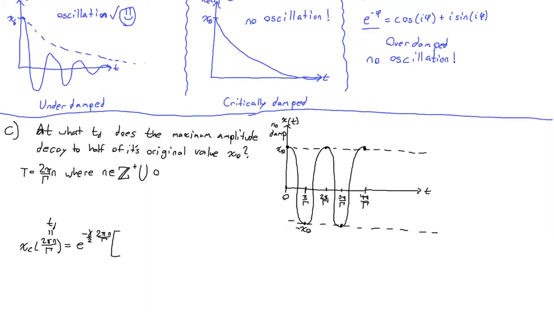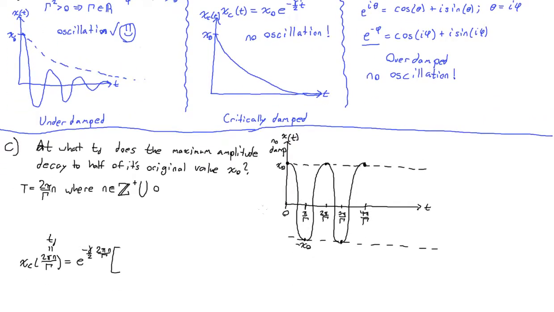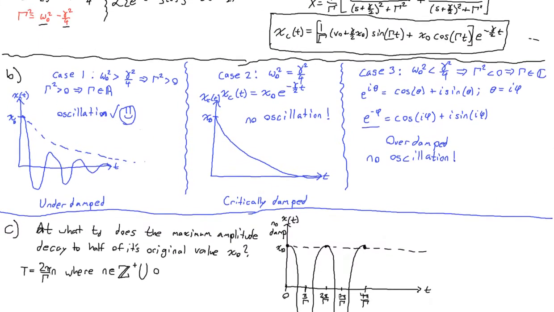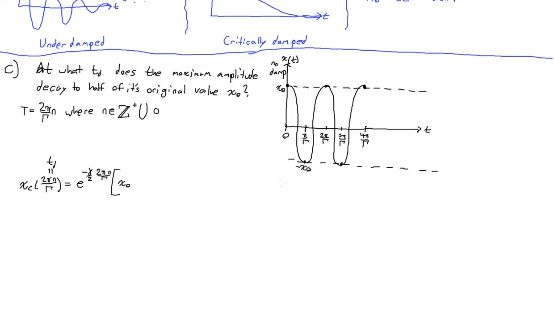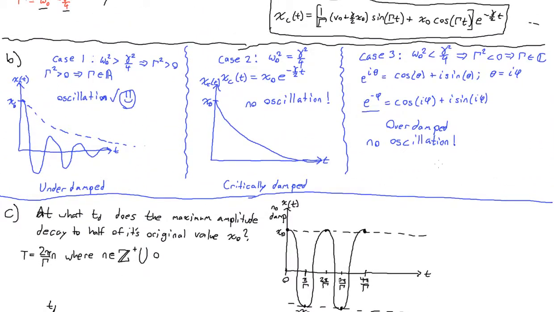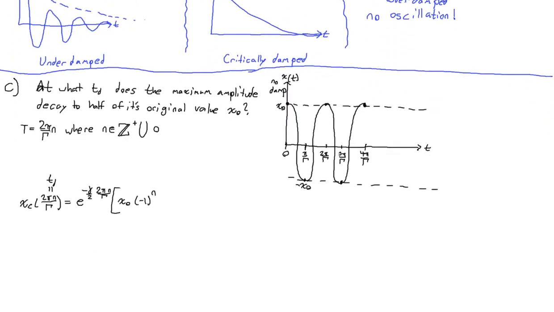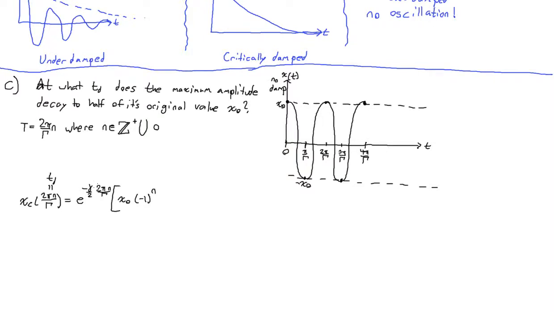So then we have x naught, and then cosine of gamma times 2 pi n over gamma would be -1 to the n, right? Because if we plug in for, or I'm sorry, not 2 pi. Why do I keep doing 2 pi? This should be just pi. Pi n over gamma.